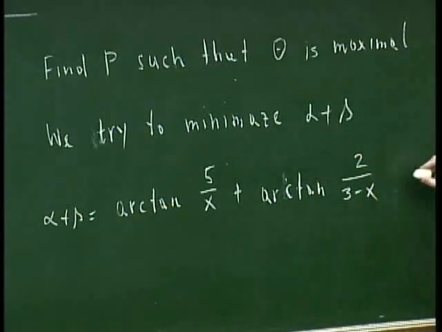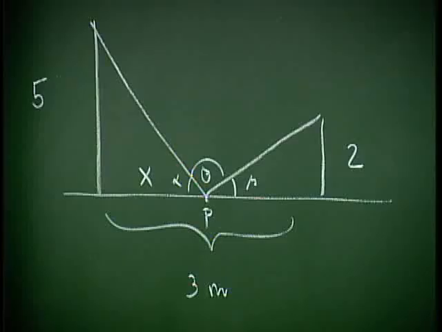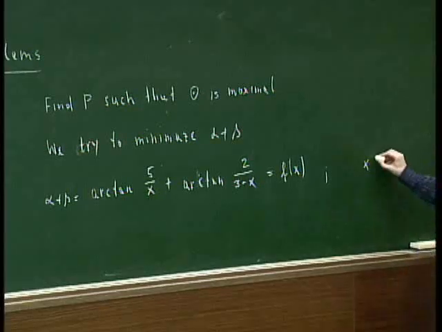So this is now already our function which we have to minimize, and this function just depends on one variable. Moreover, our problem is the problem of minimizing this function on a closed interval, namely x can be between 0 and 3.